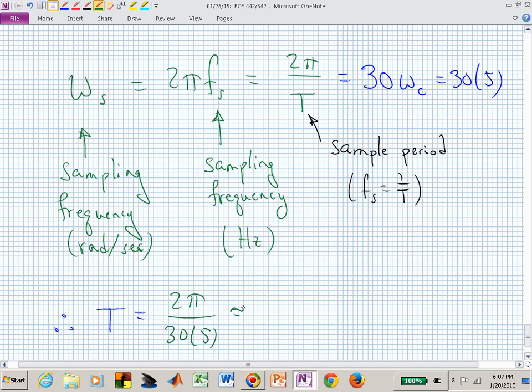which we can sort of play fast and loose with pi. Since we want T to be smaller rather than larger, we can sort of approximate 3.14159 by 3. That's okay. So T now is approximately, or it's 2 pi over 150 if it's 30 times the bandwidth.